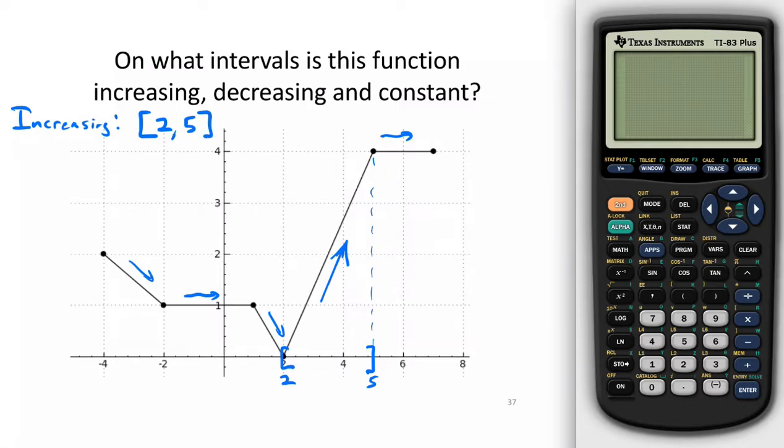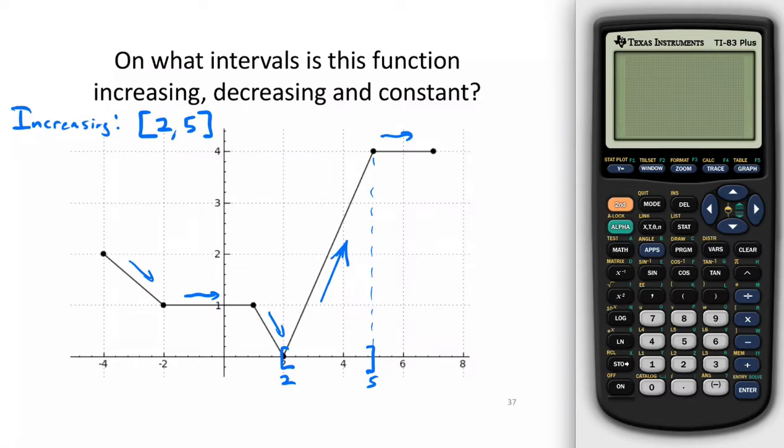We always describe a function's behavior by calling out the input values for which it does that behavior. The reason we describe an interval on the input axis, the independent variable axis, is because that's the way to make sure that everyone's looking at the same place on the graph.